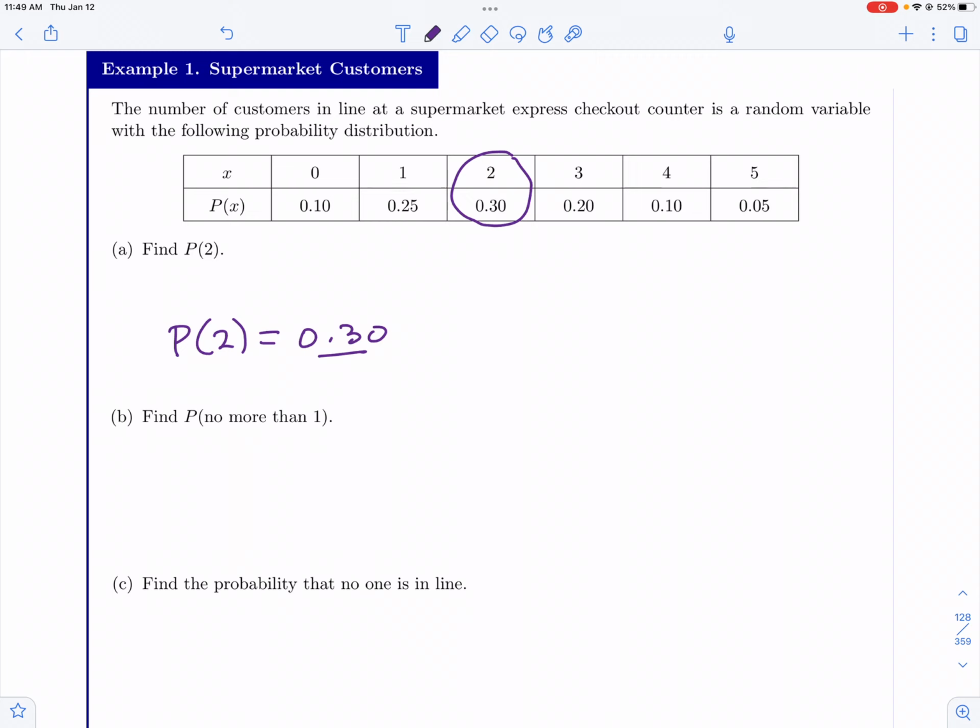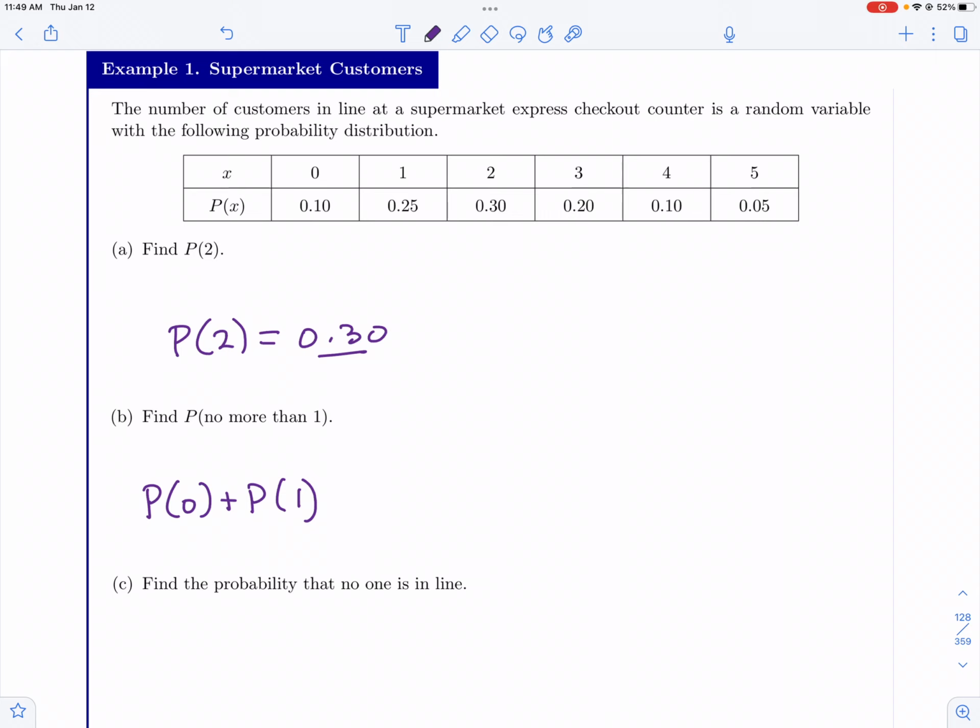All right, so now we're going to start using some different language to try to capture more than just one value. So for B, we're trying to find the probability of no more than one person. So no more than one means, in symbols, that we want either 0 or 1. So from an adding perspective, what we're trying to find is the probability that 0 people are in line or the probability that one person is in line.